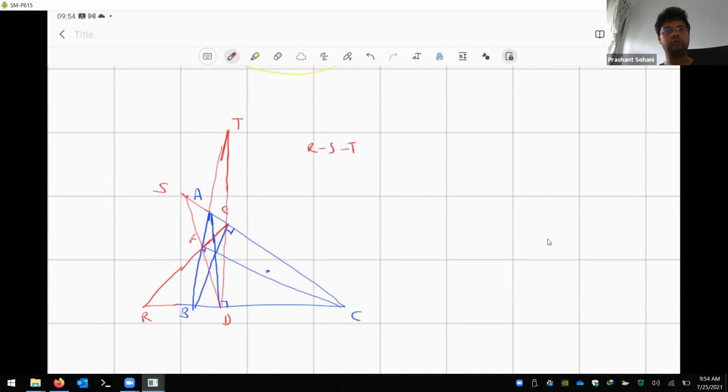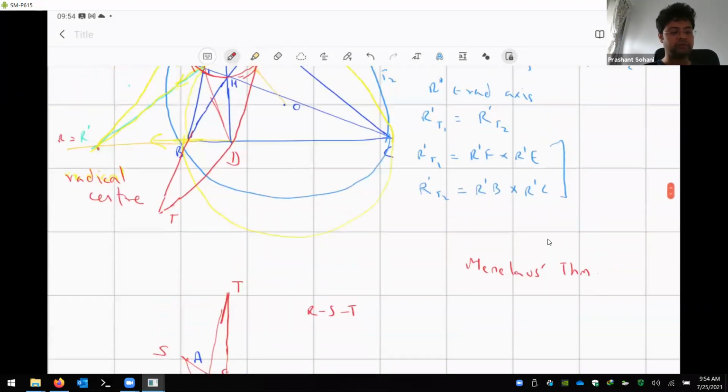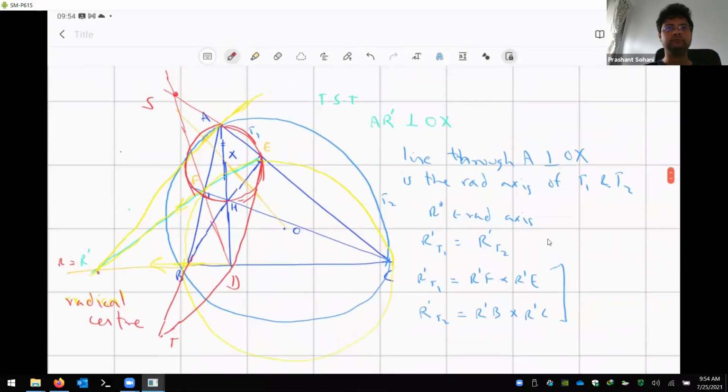In future, we are going to do one more proof of this using Menelaus's theorem. In case anybody already knows Menelaus's theorem, you might already have figured out how to do this. But if not, for others, we will do another proof of this. But even with what we have studied right now, going back to the original question, can you see what the power of R is with respect to the nine-point circle and the circumcircle?